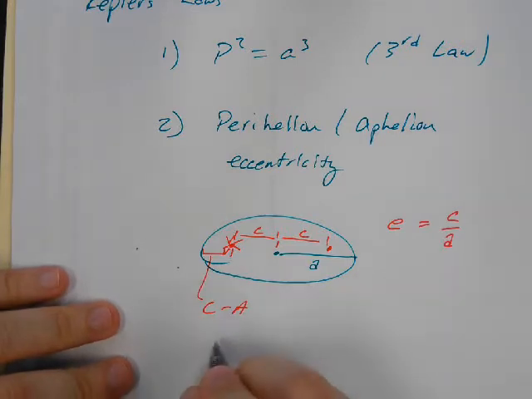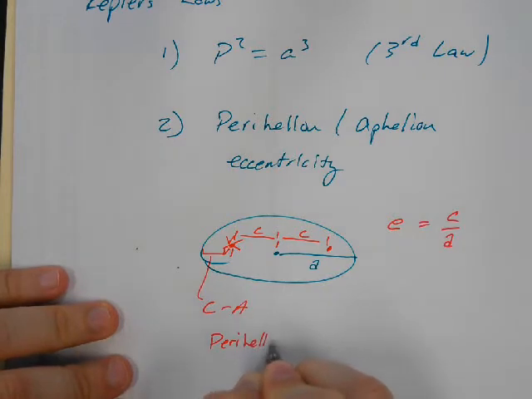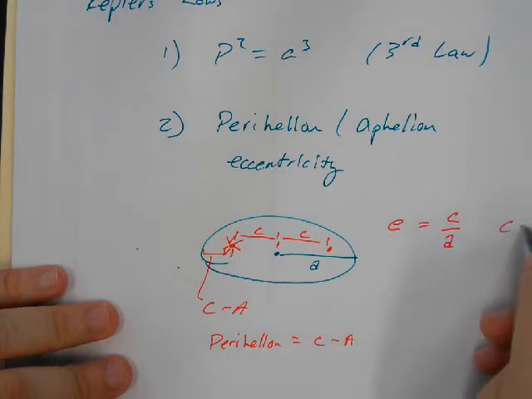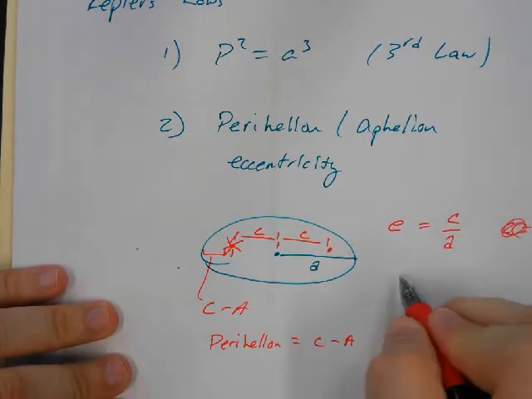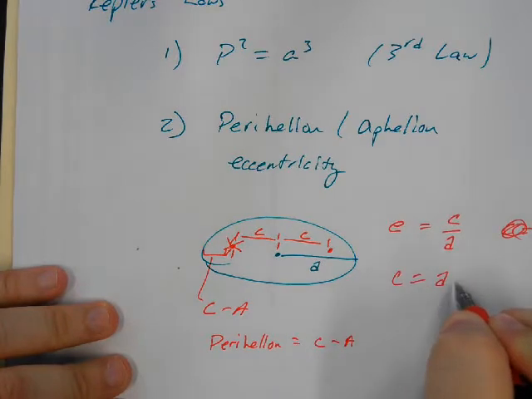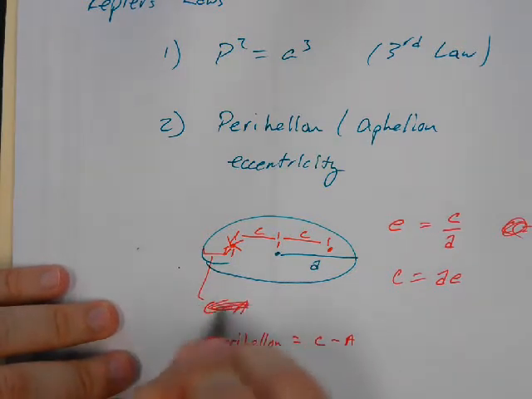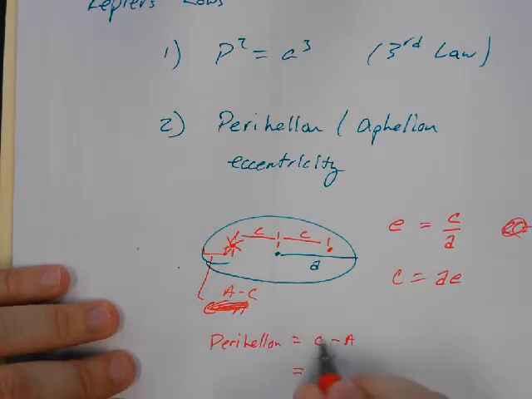If we want, we can say the perihelion, the closest distance, is c minus a. But c is, let me write it down here, c is a times the eccentricity. So, sorry, it's not c minus a, it's a minus c. You gotta be careful of that.